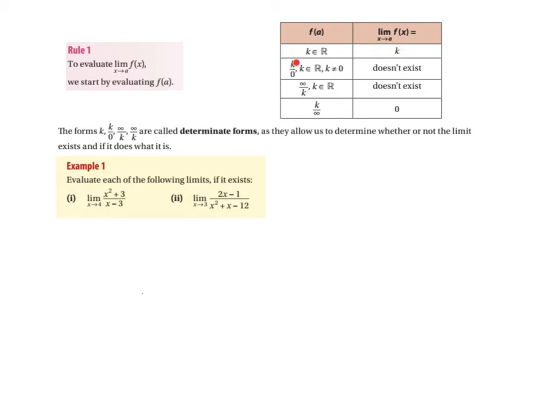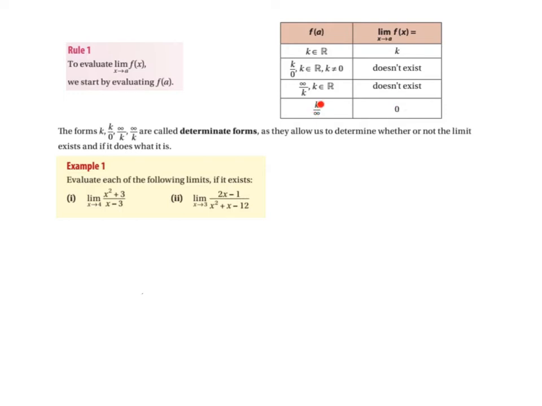If we have k divided by 0, and k is a real number and k is not equal to 0, then there is no limit. The limit does not exist. Think about it with the division by 0. If we have infinity over k, again where k is a real number, it doesn't exist, because infinity divided by k is something that mathematicians don't like to do. And if we have a constant divided by infinity, then the limit is 0.